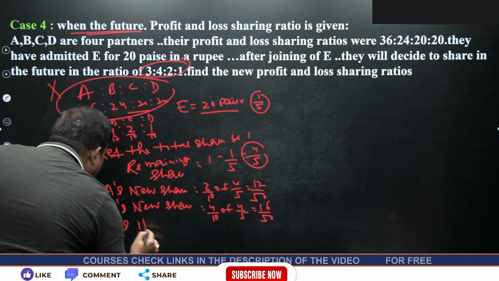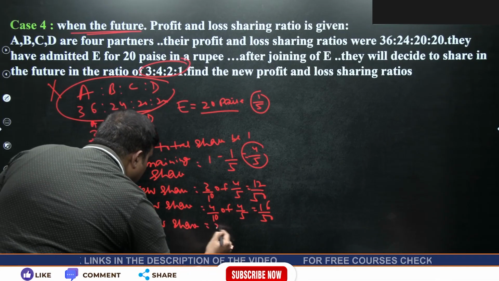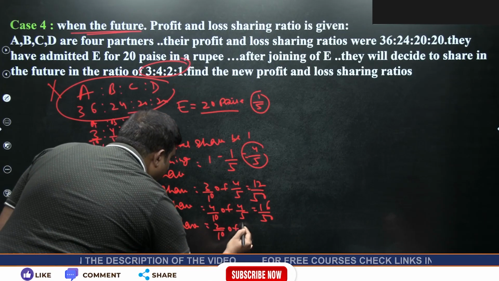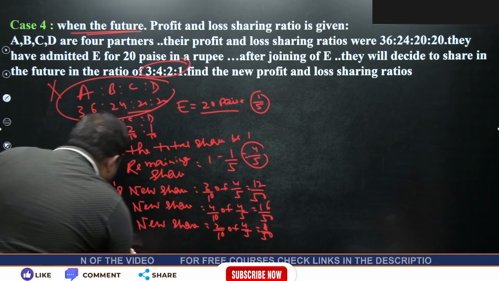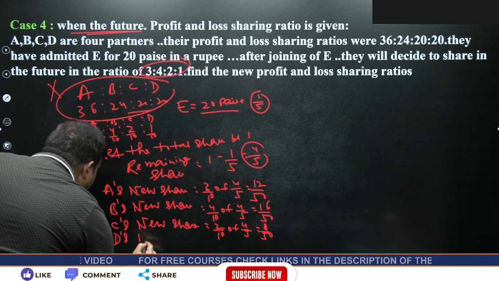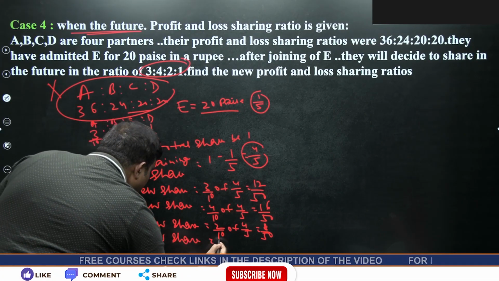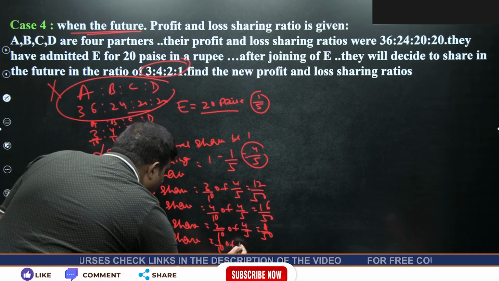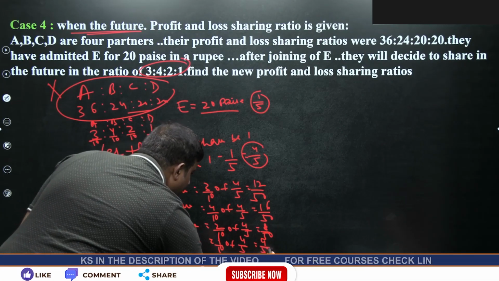So C's new share equals to 2/10 of 4/5. So it should be how much? 8/50. So D's new share equals to, it should be 1/10 of 4/5. So it should be 4/50.